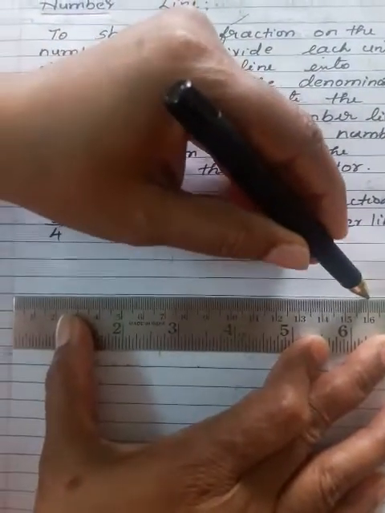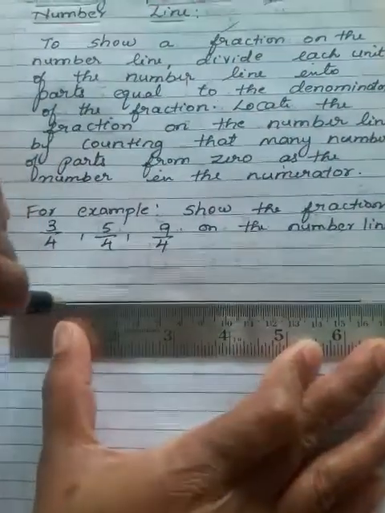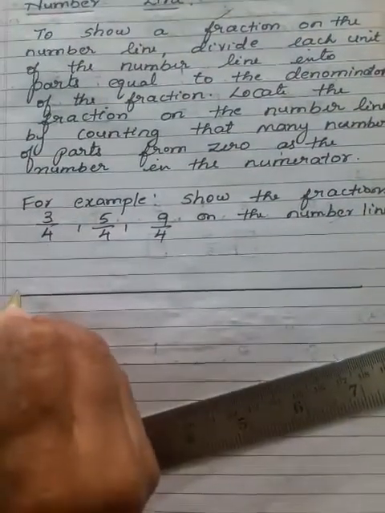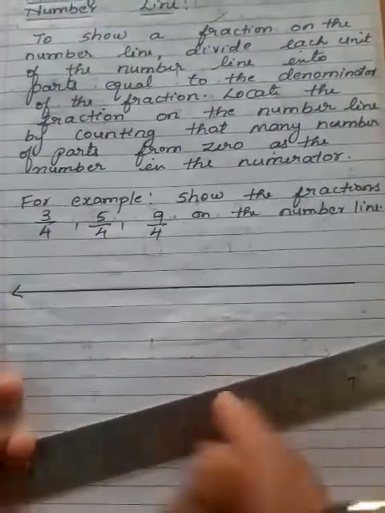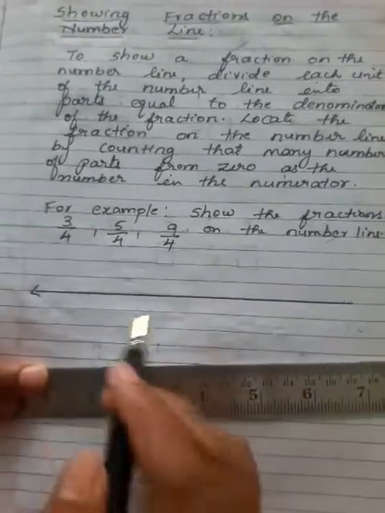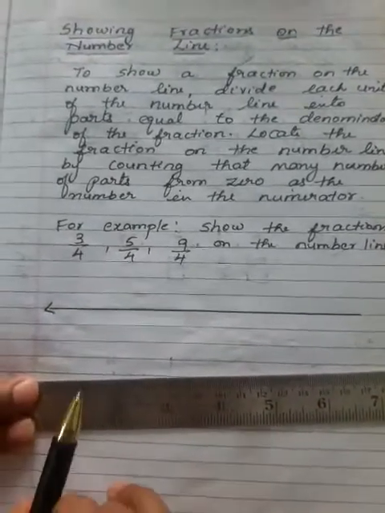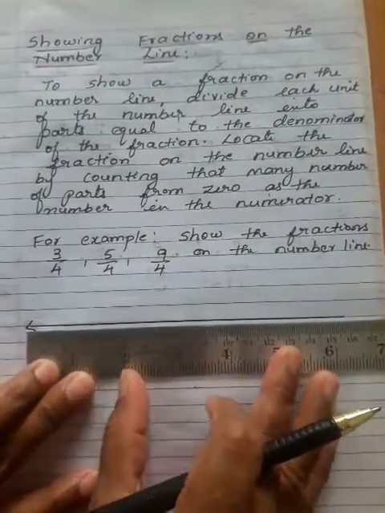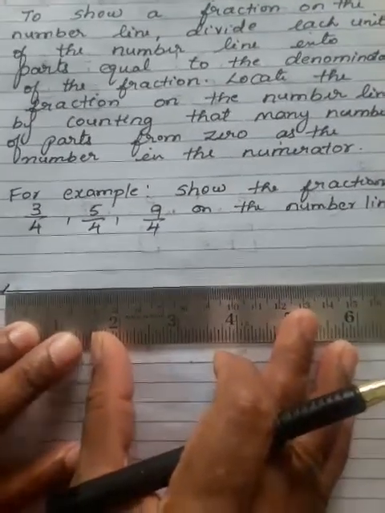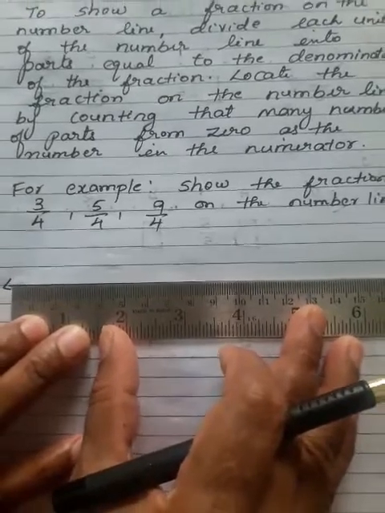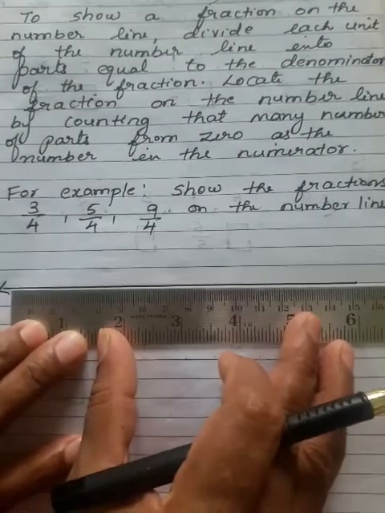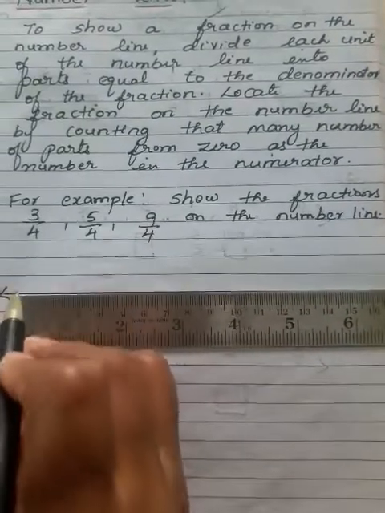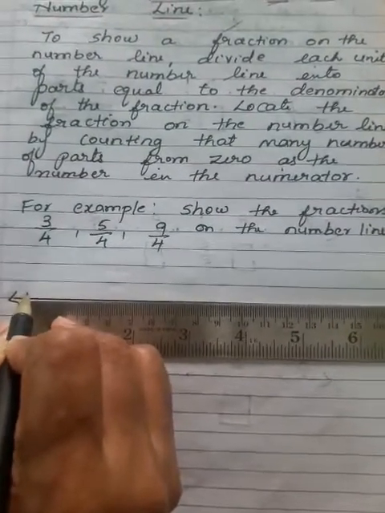Okay, this is a line. Then afterwards, what you should do? Make the marking at a distance of 1 centimeter each. Suppose this is 0. First marking is 0.